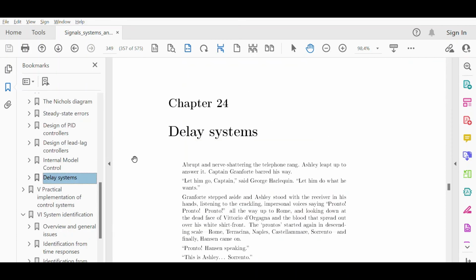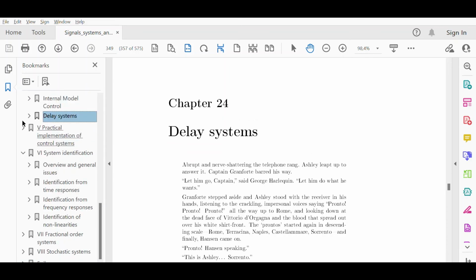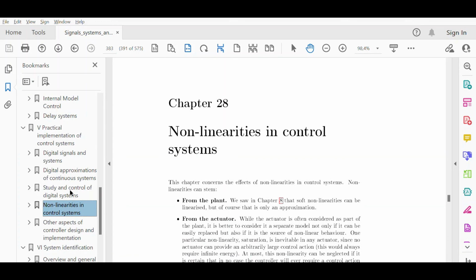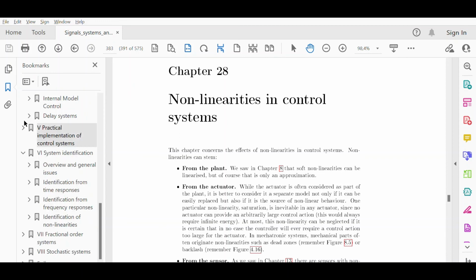Then in chapter 24, where delays are addressed. And finally, in chapter 28, I repeat that these last 3 things, soft nonlinearities, delays, and this chapter on hard nonlinearities, these 3 things are only needed for the 4th class.